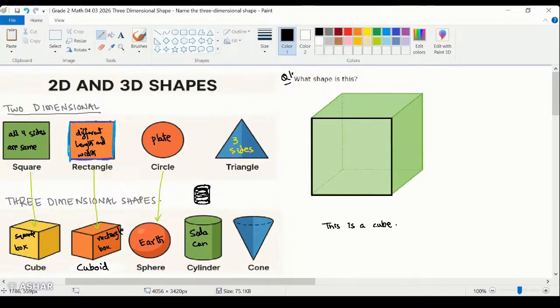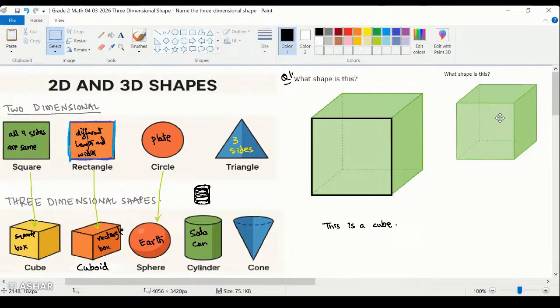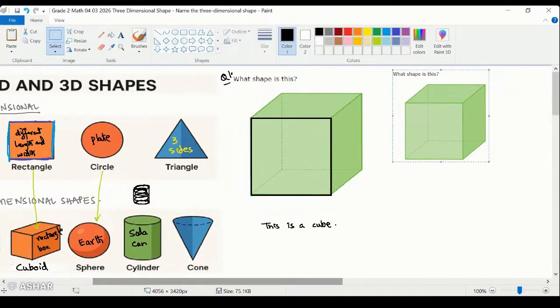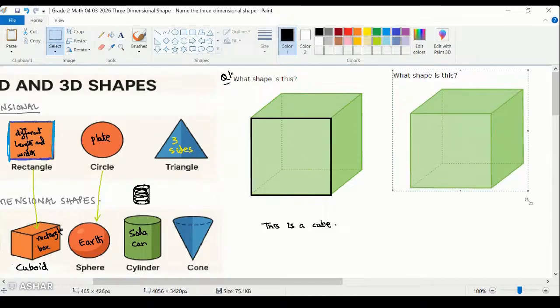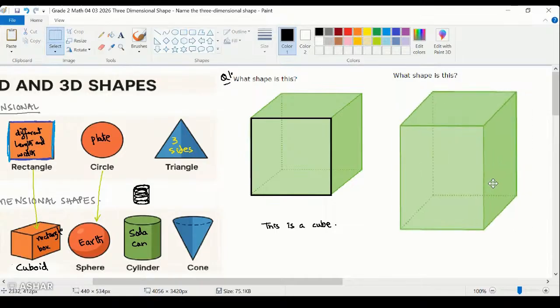Okay. But if I would take the same shape and I would say, what is the shape? I'll try to change something in this question. And if I would say the front of the box is not a square anymore, right?